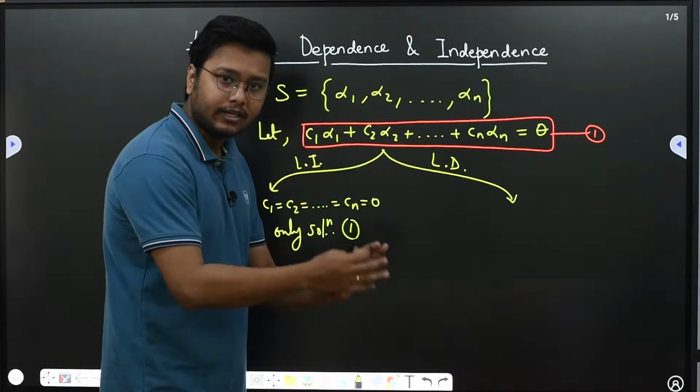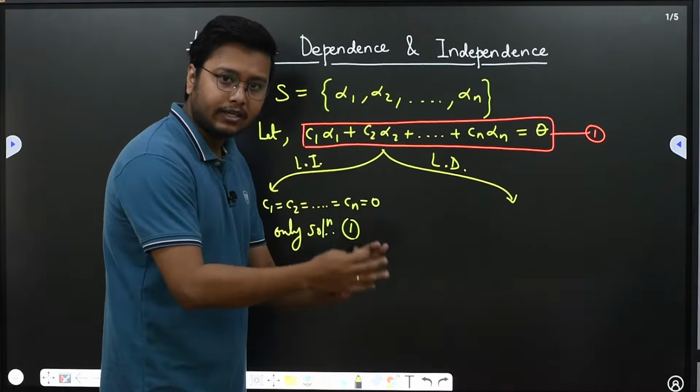So that means this expression I can write as C1 alpha 1 plus C2 alpha 2 plus dot dot dot Cj alpha j plus again going on until I reach Cn alpha n equals theta. So I have specifically taken that this Cj is non-zero. Okay. So now if Cj is non-zero, I can say that Cj inverse exists in the field, right?